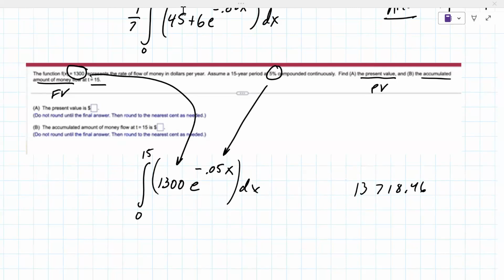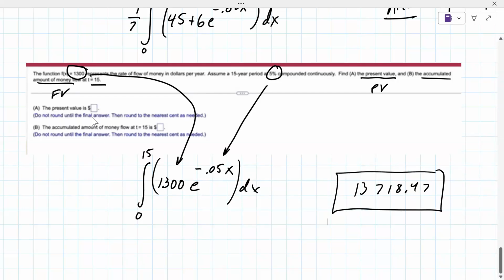It seems right. Actually, that's a 47 at the end. Make sure you just be careful with that rounding, especially on this. This will definitely have no mercy. So that's your present value.